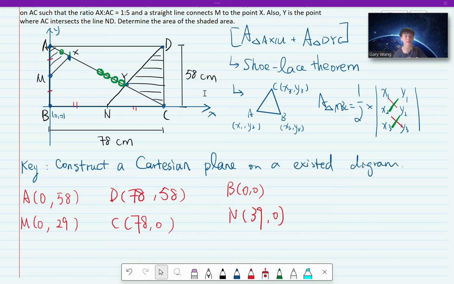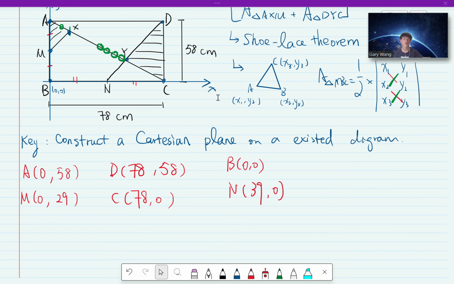Because if we look at point Y, it is right at the intersection of segment ND and segment AC. So if we can figure out the equation of line AC and line ND, we can actually form a system of equations and solve for the coordinates of Y. So see, this question not only incorporates the slope of the line, but also the equation of a line and the intersection of multiple lines.